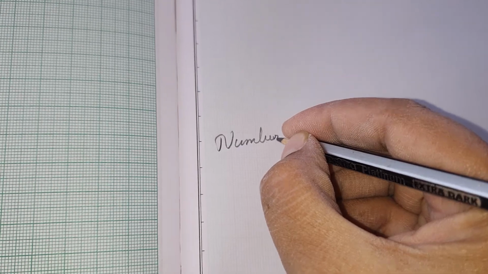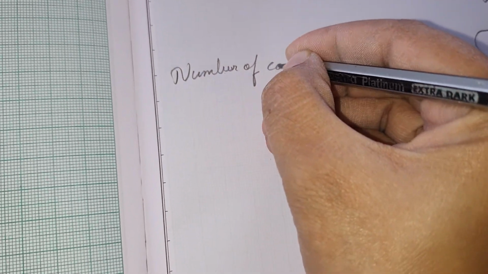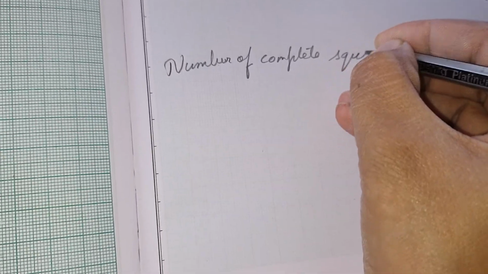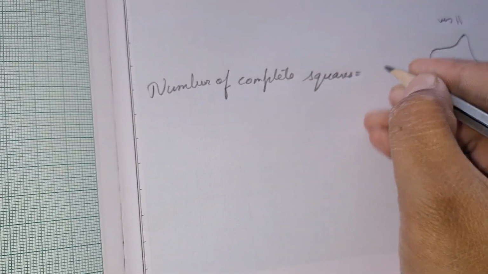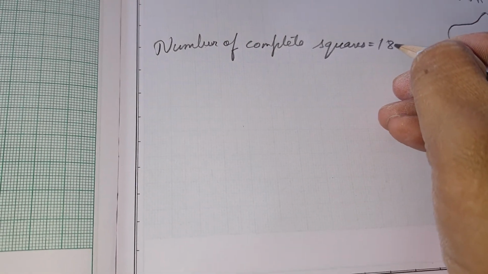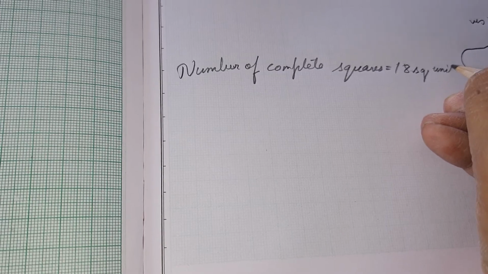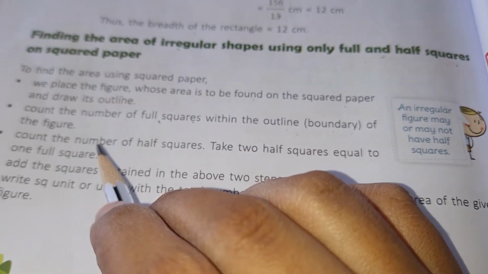We will write here: number of complete squares is equal to 18 square units.